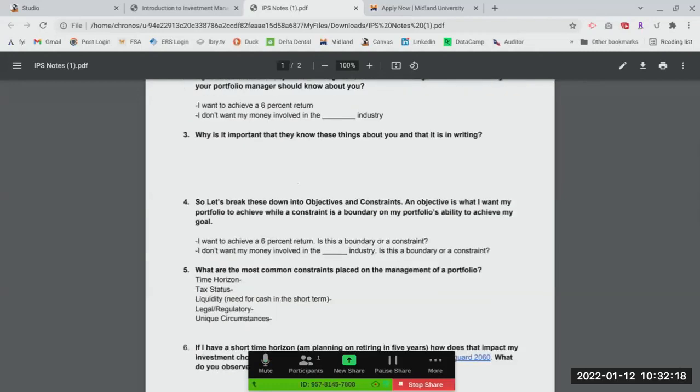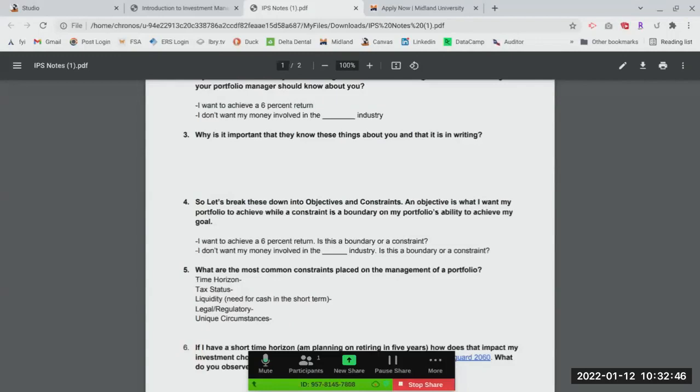Why is it important that your investment advisor knows these things about you and that it is in writing? Well, if they don't know this, then they can't manage your money in accordance with how you'd like it invested. But the kicker here is, why is it important that it's in writing?